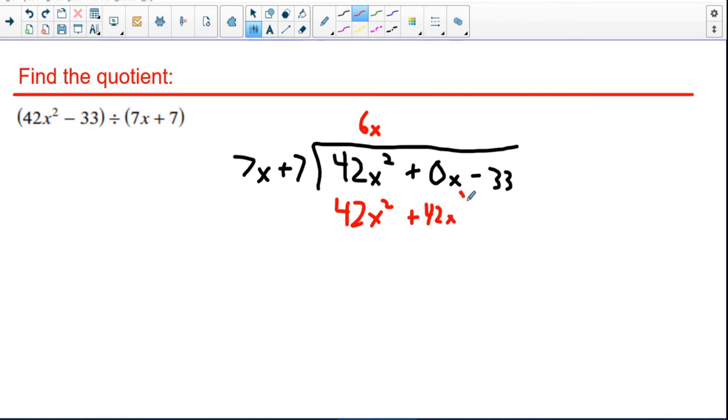All right, so now we're going to subtract this from the piece above, just like last time, and I'm going to put parentheses here just to remind myself that I'm subtracting both of these. So these are going to cancel, 42x squared, and this is going to give me negative 42x, because I'm doing 0 minus that positive 42x, and then I just need to bring down the last term, that minus 33.